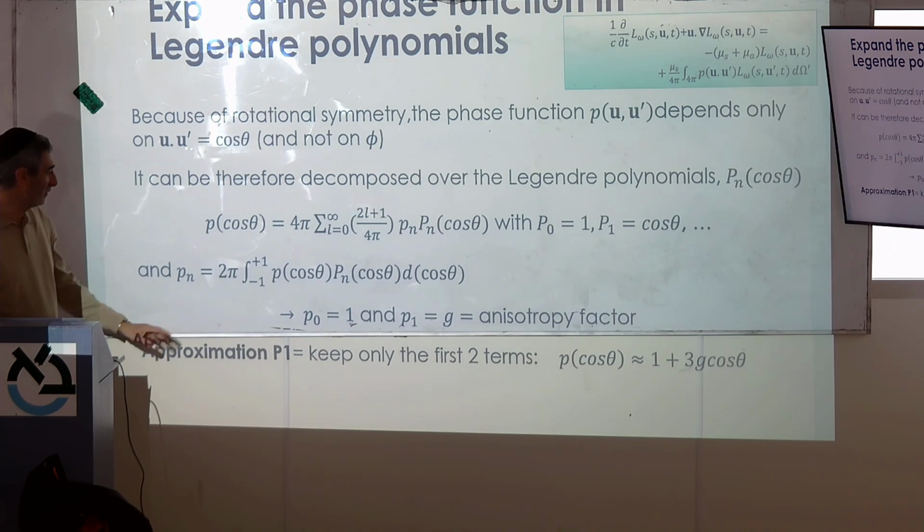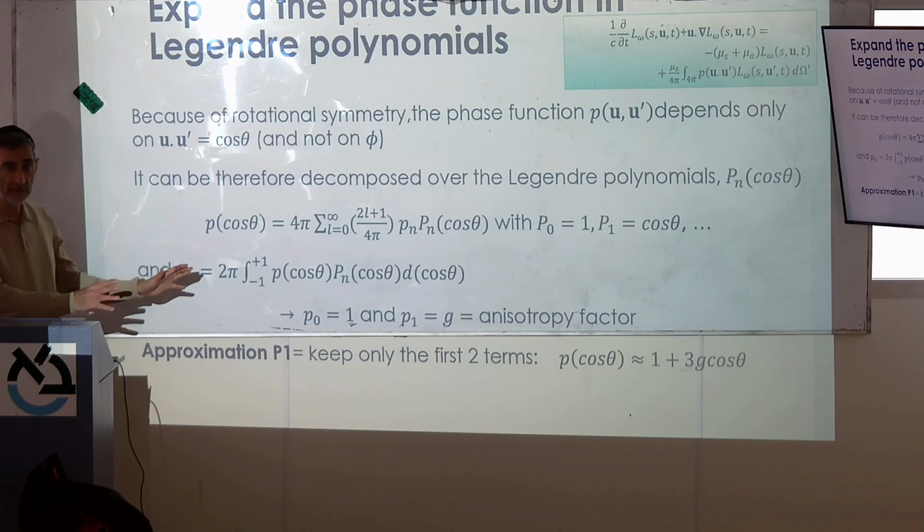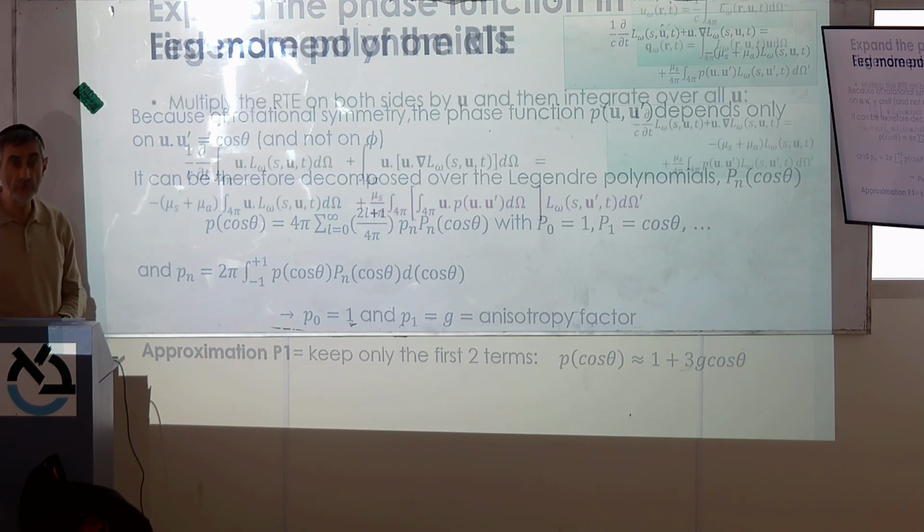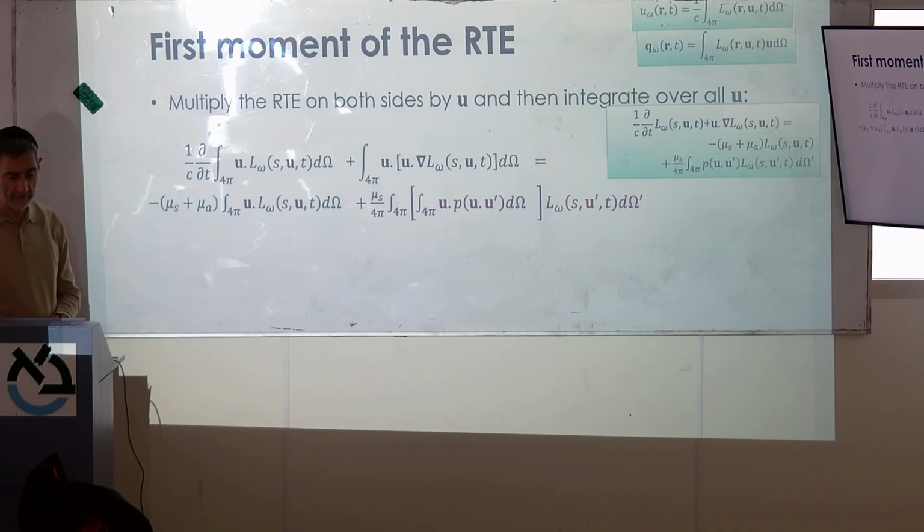So that's what we call the P1 approximation, where we keep only these two terms. With that we can go back to the radiative transfer equation, as we did last time, and go to the first moment.